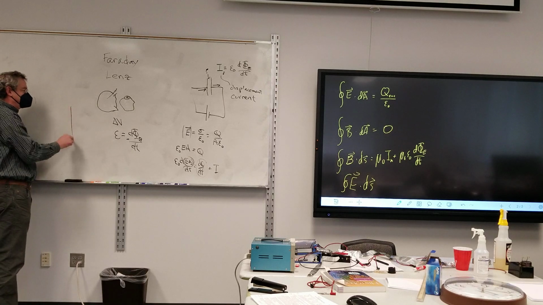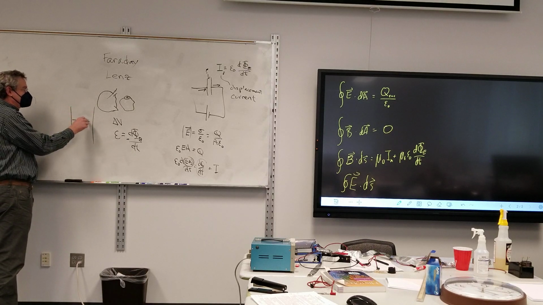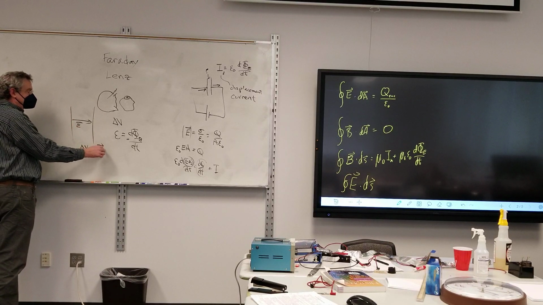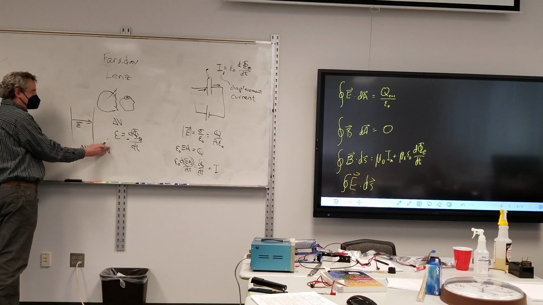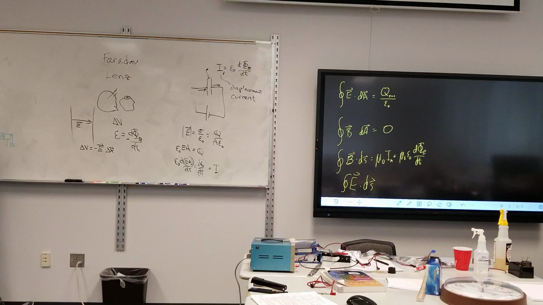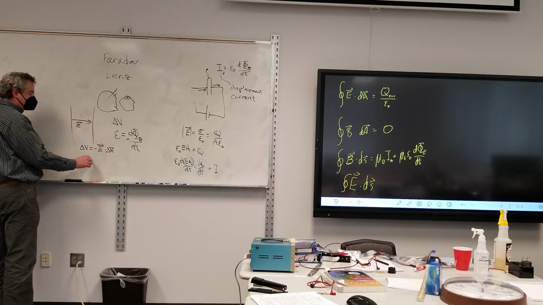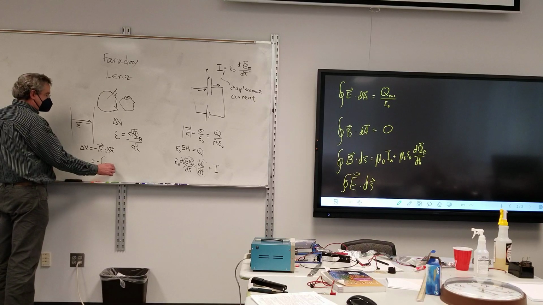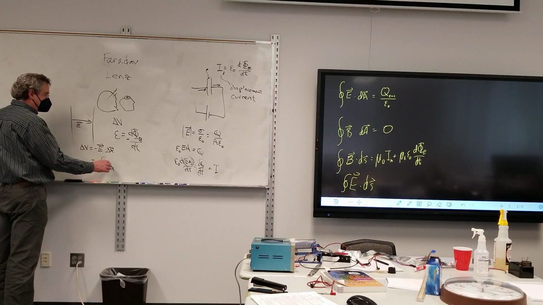Recall, on the simple level, if I have parallel plate capacitors with an electric field going that way, the change in the potential is equal to negative E dot delta x, if the electric field is constant. If it's not constant, it's the negative integral of E dx, or s, whatever letter you happen to be using.